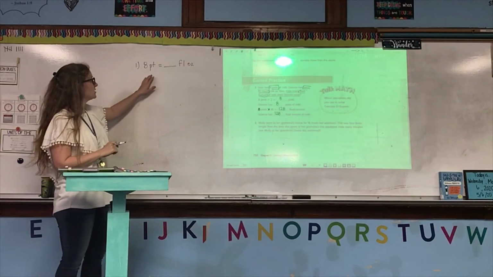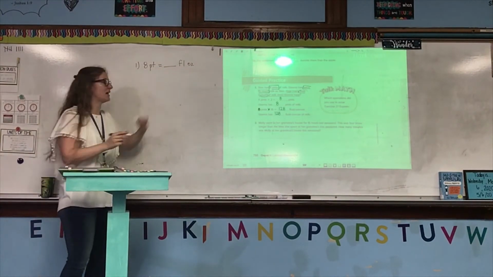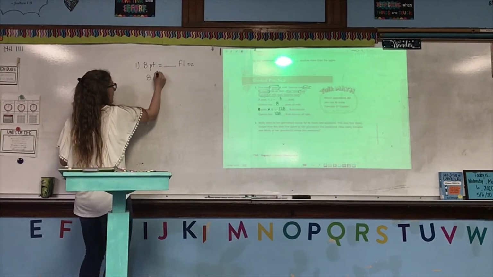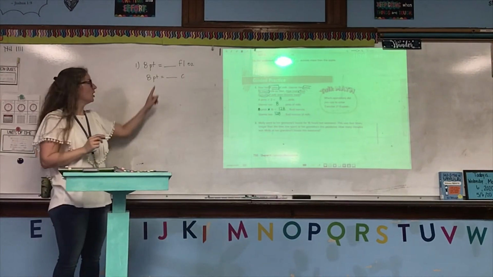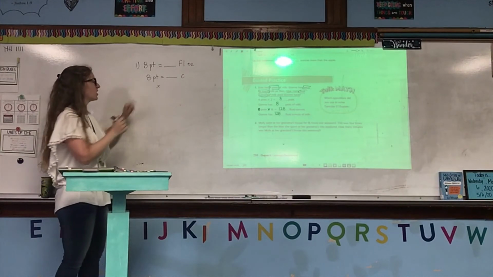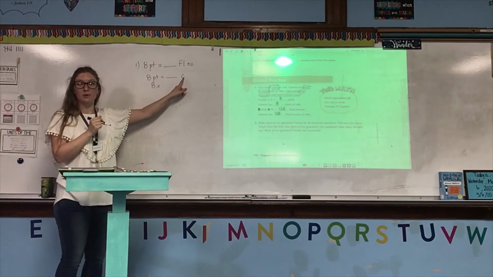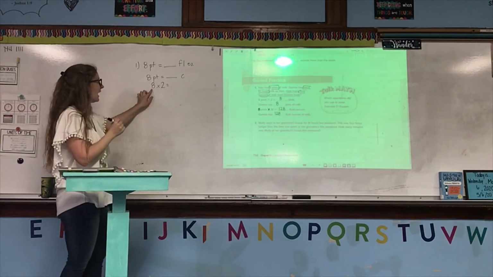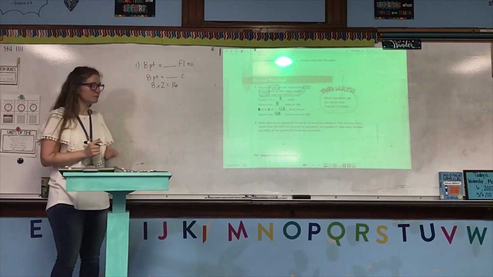Well, on our chart, we know that the cups come between pints and fluid ounces. So first, we have to see how many cups 8 pints is. Well, pints are bigger than cups, so we know we're multiplying. We start with what we know, which is 8 pints, and then we multiply by the number of cups in a pint, which is 2. 8 times 2 is 16.